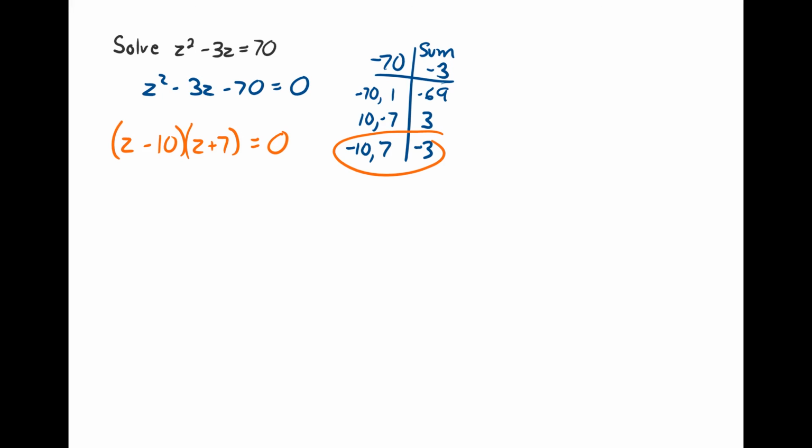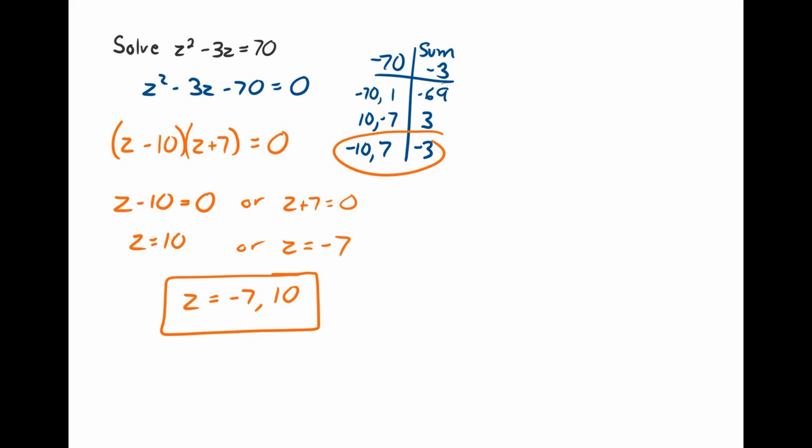By the zero product property, if I have two things being multiplied to equal 0, then either z minus 10 equals 0 or z plus 7 equals 0. So z is equal to 10 or z is equal to negative 7. Once again, both of those are possible solutions for this quadratic equation.